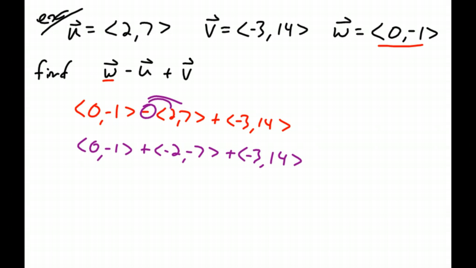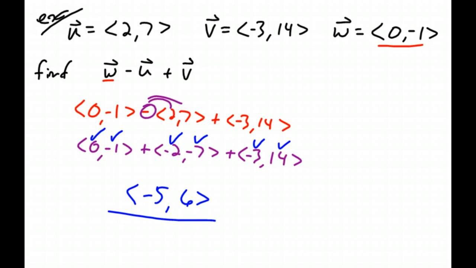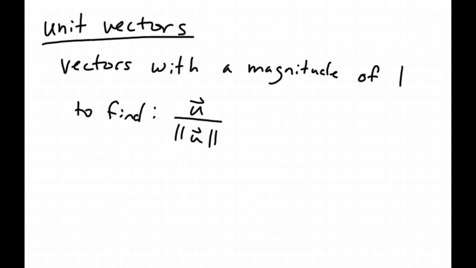So by doing that, I will add 0, -2, and -3 will give me -5. That's the x part of your new vector. You have -1, -7, and 14. It's -8 and 14 will give us 6. There's your resultant vector.